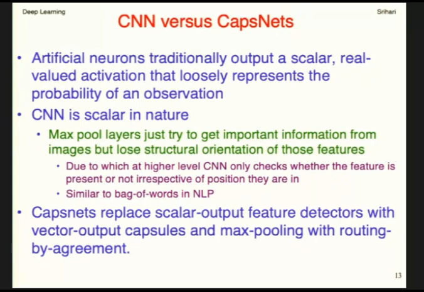Given a sentence, the bag of words thinks of it not as a structured sentence, but as if each word has been thrown into a bag in a jumble, and it simply tells you which words are present and how many times each is present. It doesn't say anything about which word goes next to which word, right?